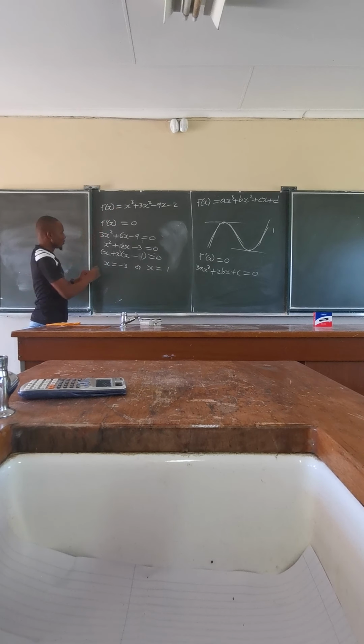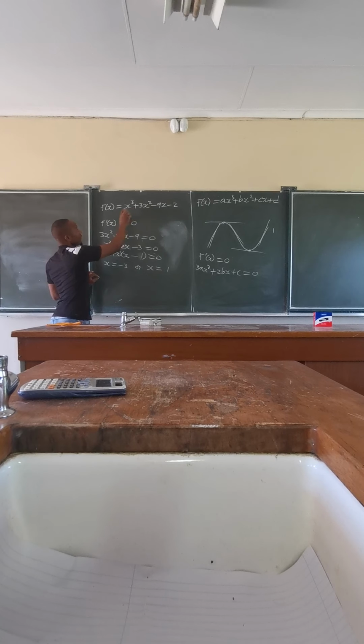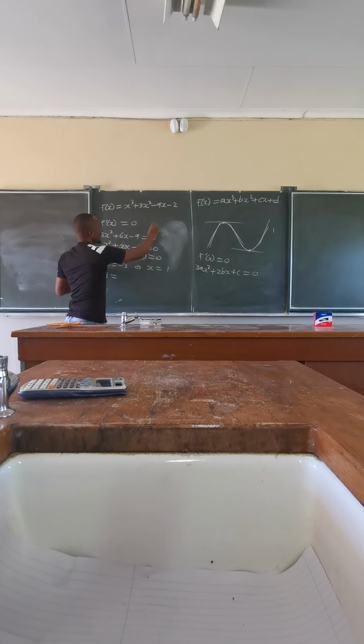When we substitute x equal to negative 3, we get y equal to negative 27 plus 27, which is 0, and then plus 27 minus 2, which is 25.